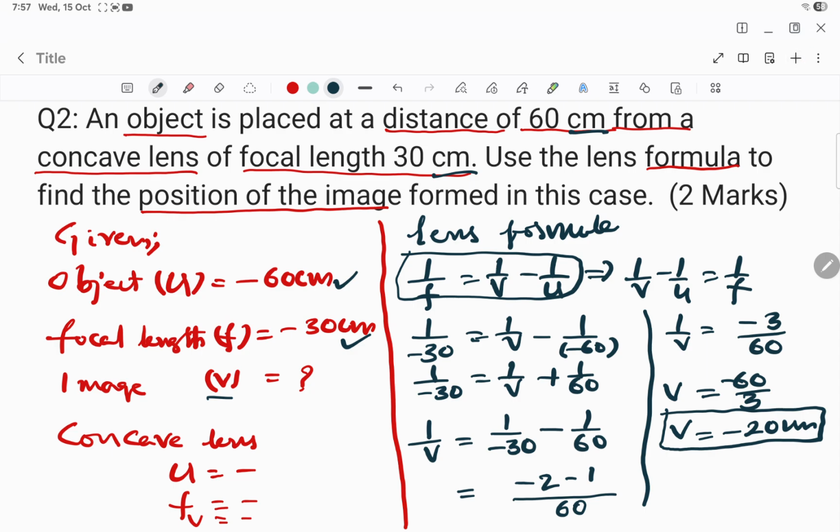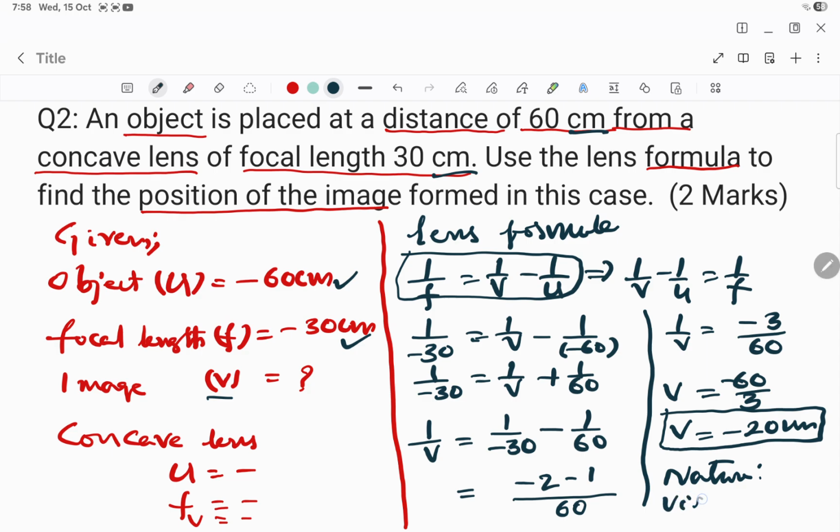Now the image is formed 20 centimeter on the same side as the object. That means object and image are both on the same side, and the image is formed 20 centimeter away from the center of the lens. Now the nature of the image: it is virtual, erect and diminished.